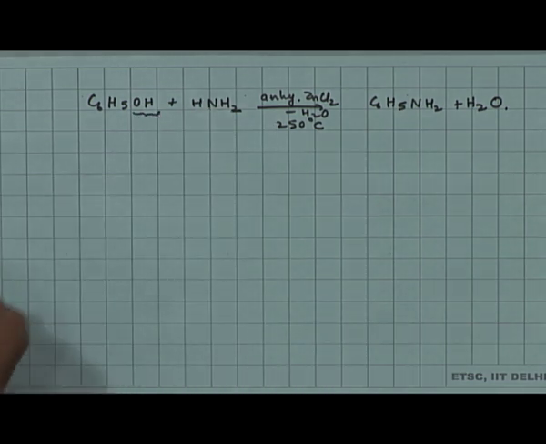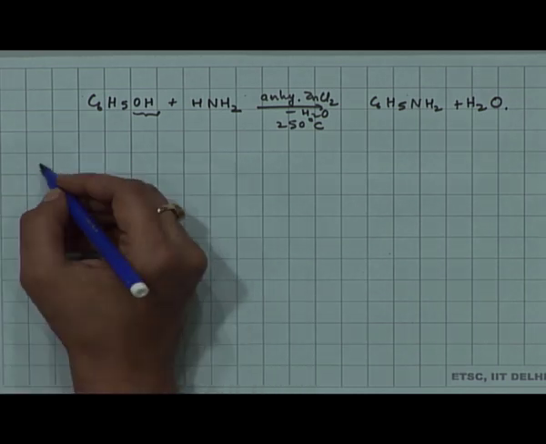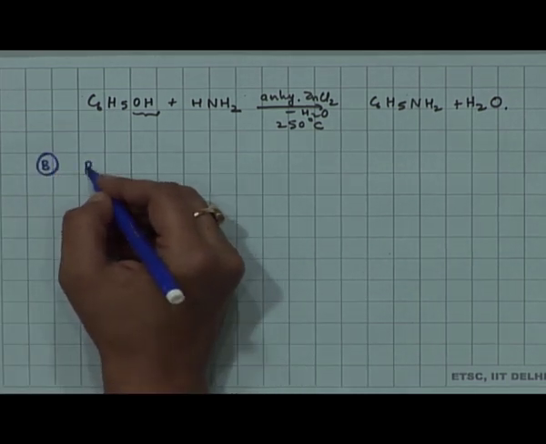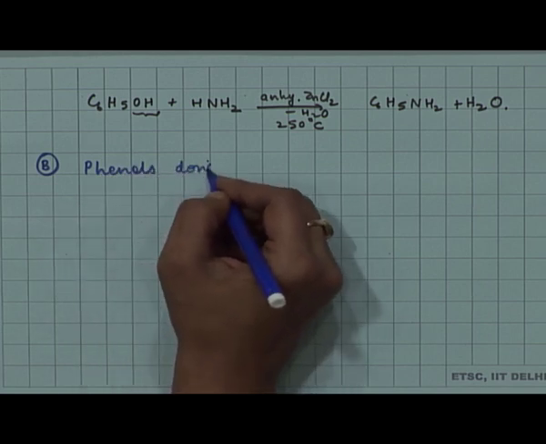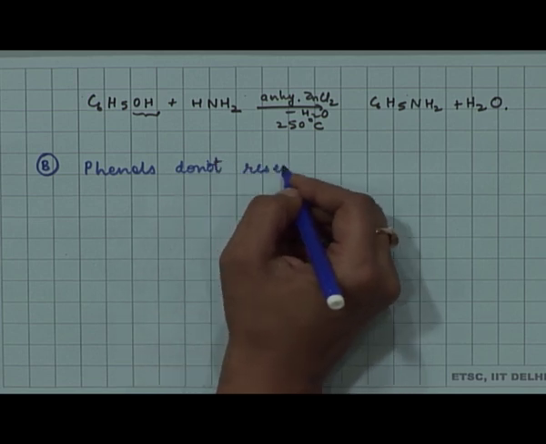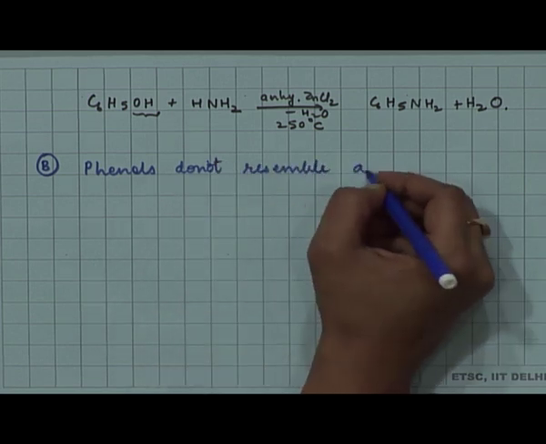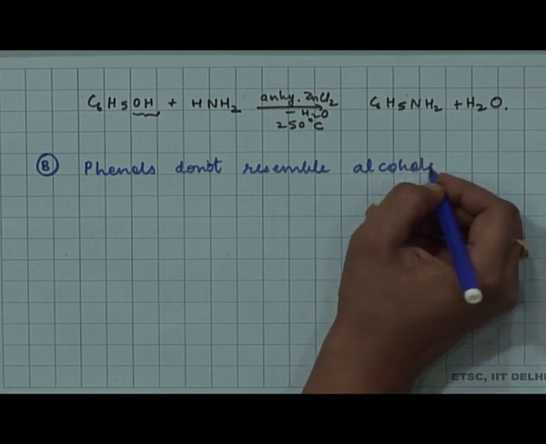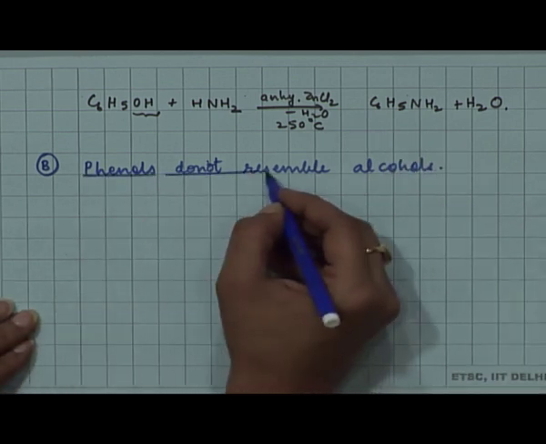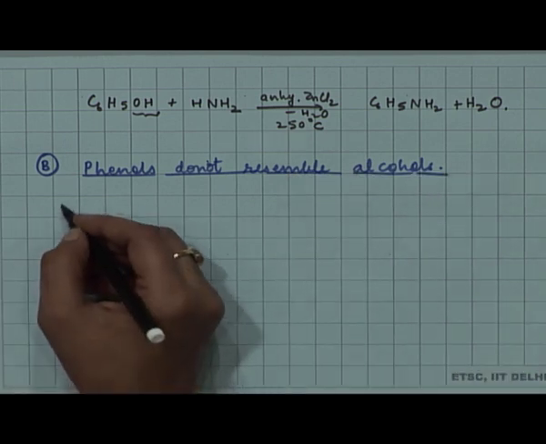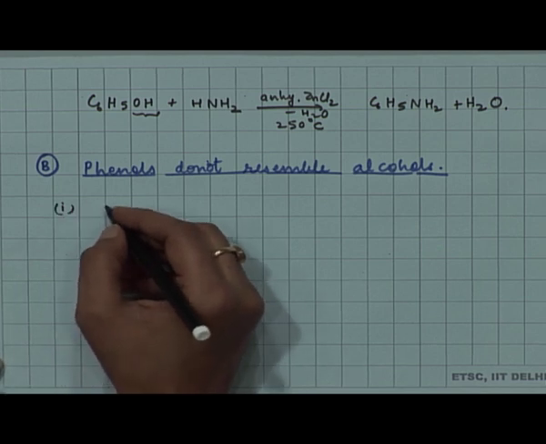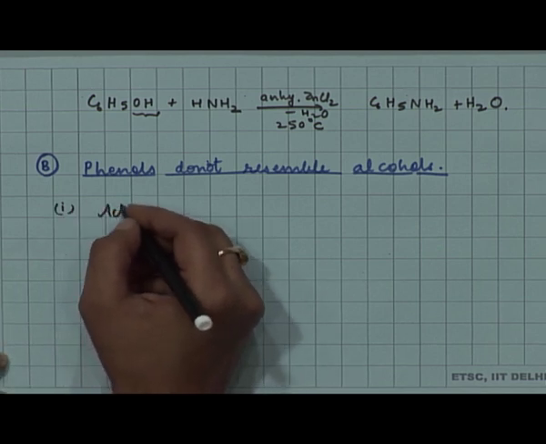Okay, let us look at the other category of reactions in which phenols do not resemble alcohols, and the first in this list is the reaction with ferric chloride solution.